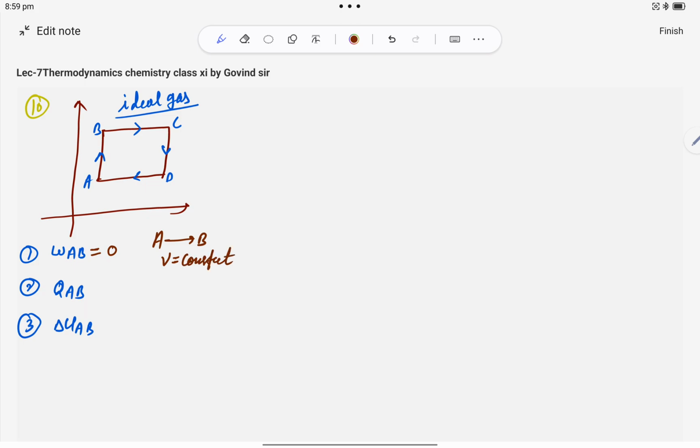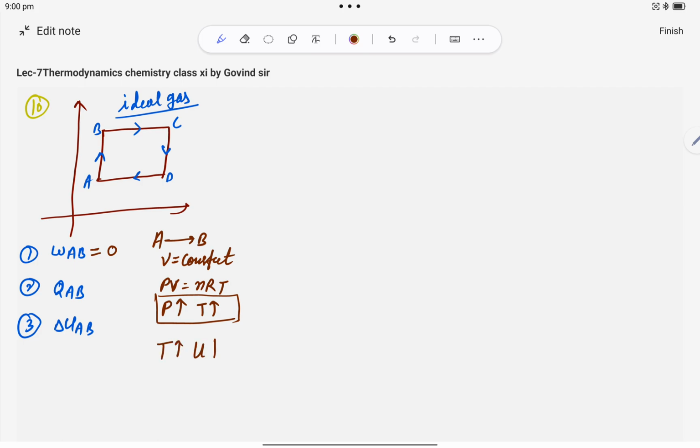Volume is constant. So in that case, PV is equal to nRT, volume constant, then pressure. If you increase pressure, then temperature also increases. Pressure is directly proportional to temperature in this case. So if you increase temperature, then what about U?